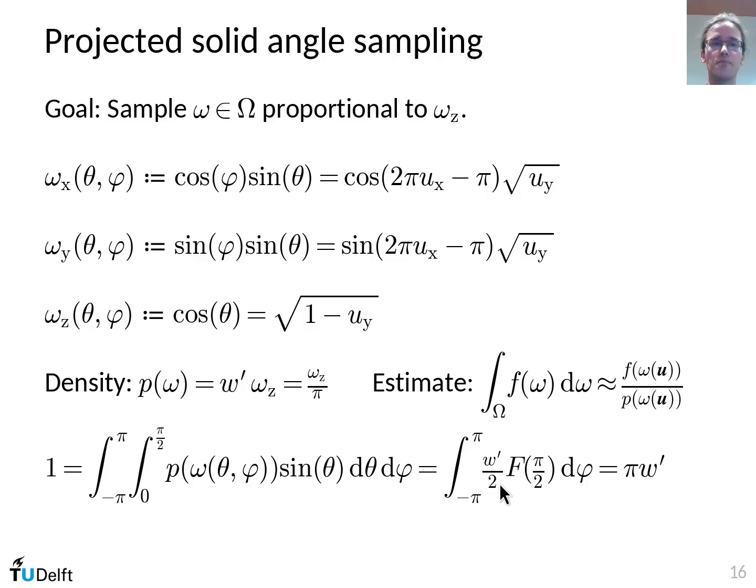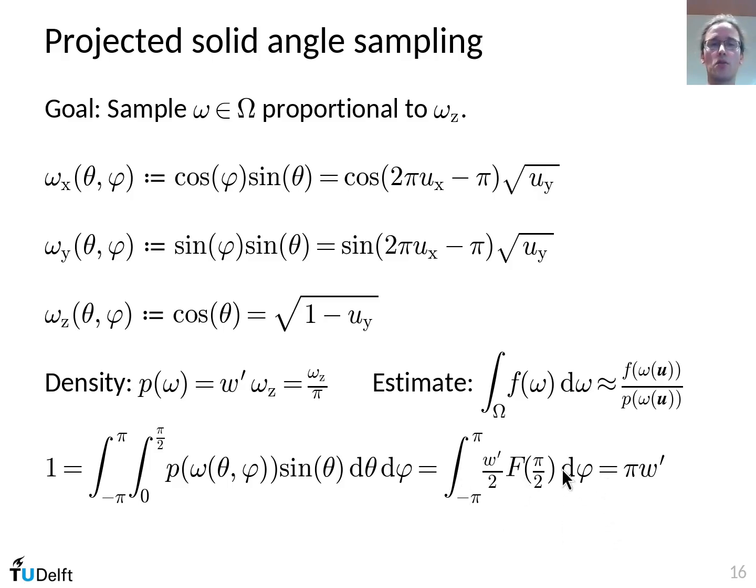And then this integral here is basically cosine of theta times sine of theta. So we can use the formulas derived on the previous slide, and in particular we can reuse the CDF from the previous slide. And then we have f of pi over 2, because here we are integrating up to pi over 2. And this is exactly 1, because we had already normalized this.